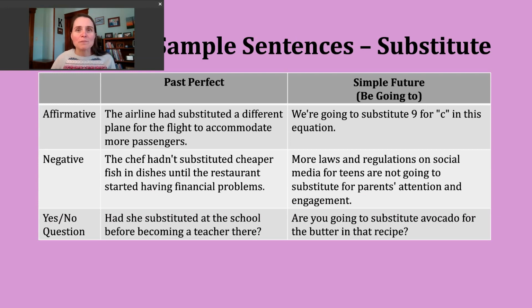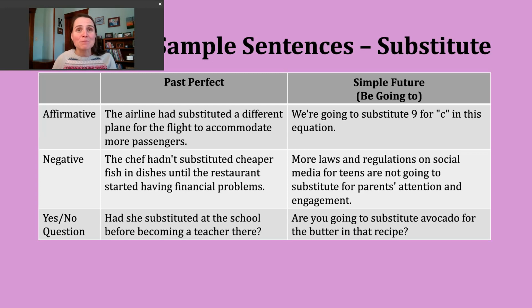We use this verb tense to note that a particular action occurred before some other time or before some other action in the past tense. So we're still talking about completed actions, but the past perfect helps stress or indicate to our readers or our listeners that a particular action occurs before something else.